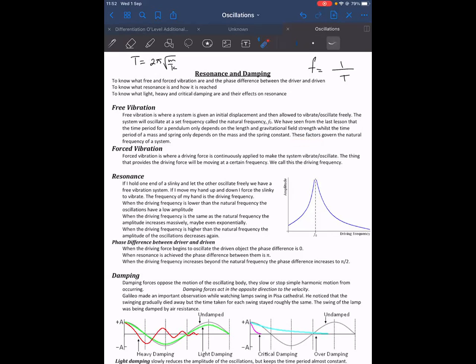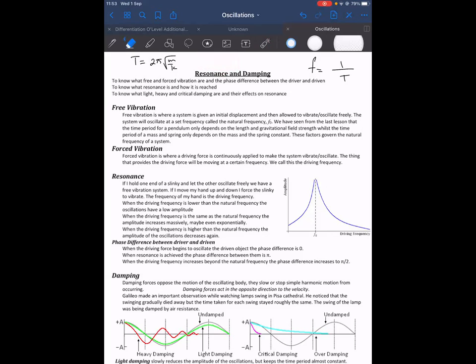These factors govern the natural frequency of a system. ये जाहिर सी बात है, अगर time period mass और spring constant पे dependent है या length और gravitational field strength पे dependent है, तो natural frequency भी इन दोनों factors में in case of spring mass system और L और g पर in case of pendulum फिर आपकी natural frequency depend करती है.